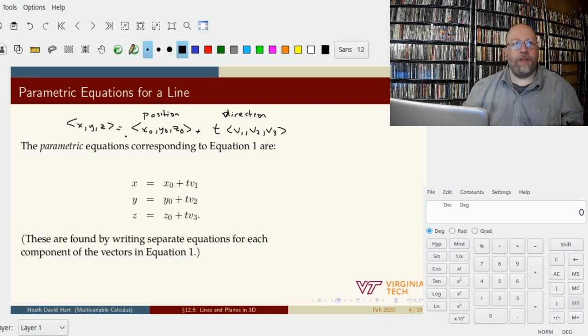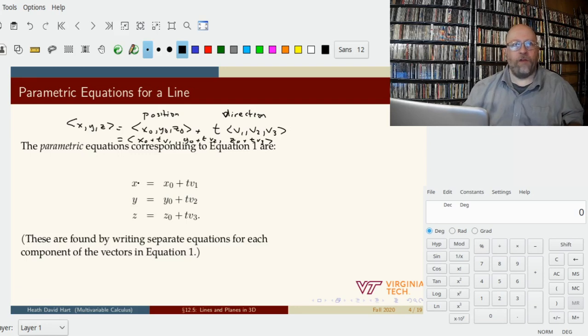If we add these together, this is the same thing as x naught plus t times v1, y naught plus t times v2, comma, z naught plus t times v3.